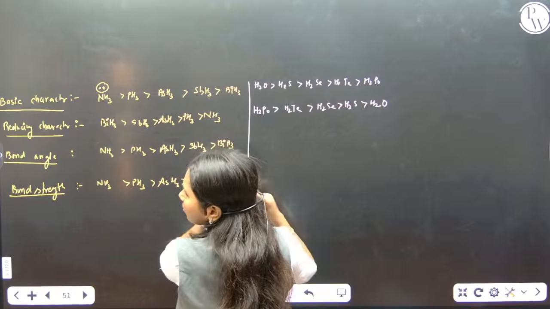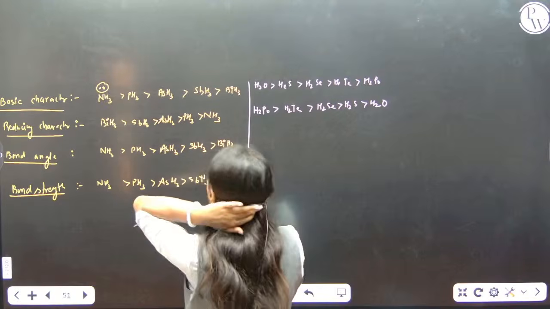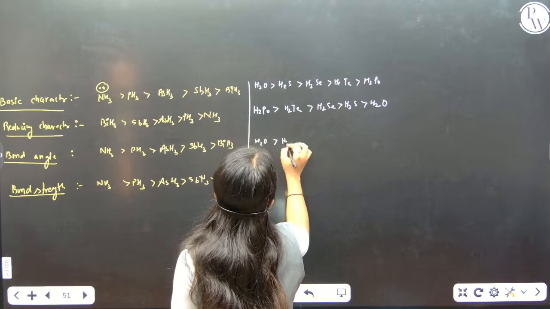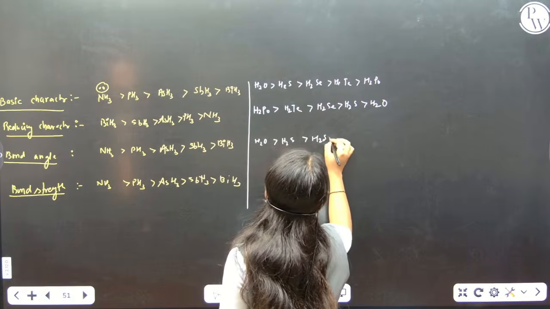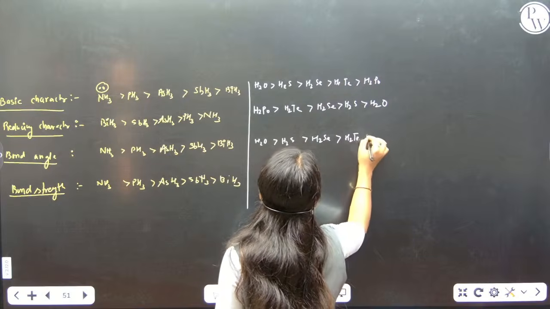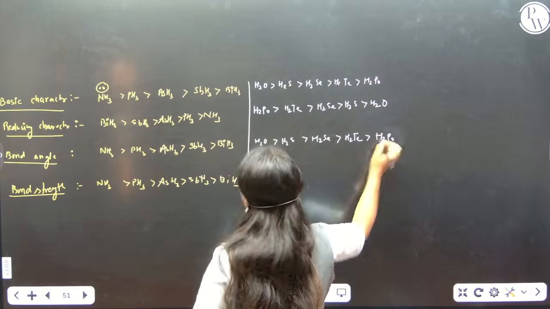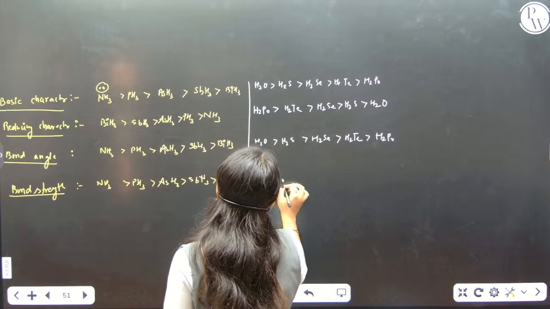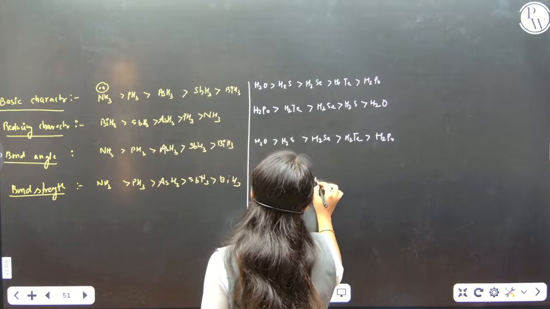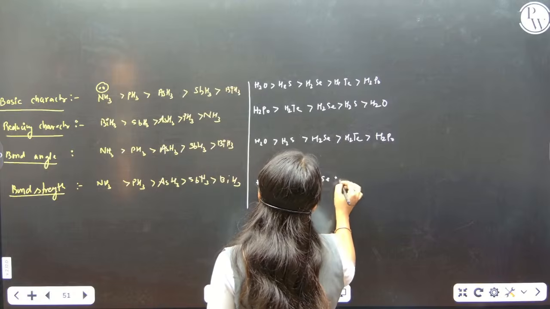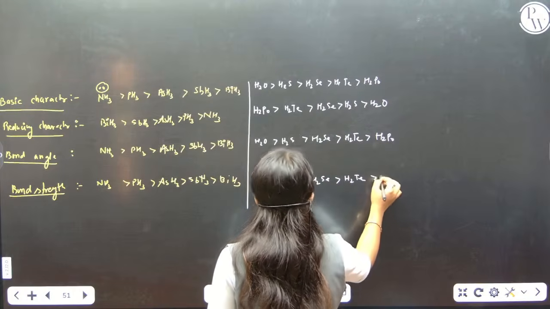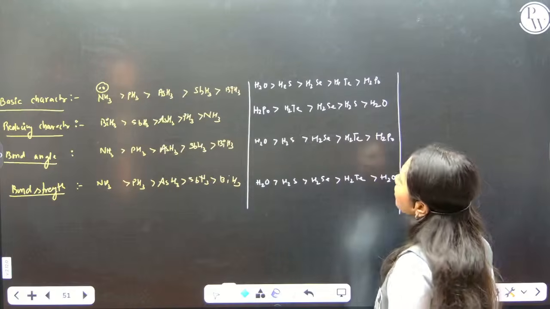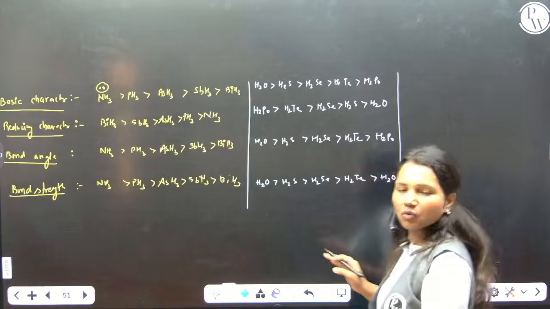Bond angle, where the bond angle is maximum: H2O, H2S, H2Se, H2Te, H2Po. Bond strength: H2O, H2S, H2Se, H2Te, and H2Po. So the same you can use here for the hydrides of group 17 also, right?